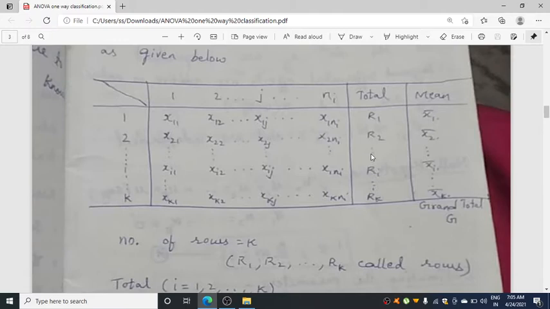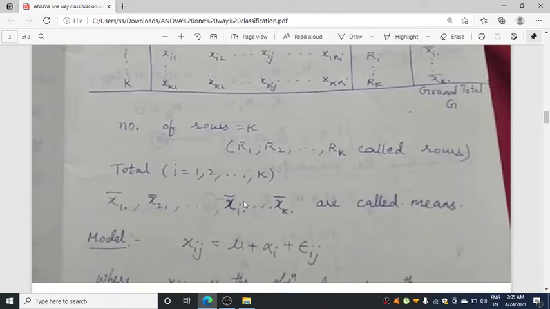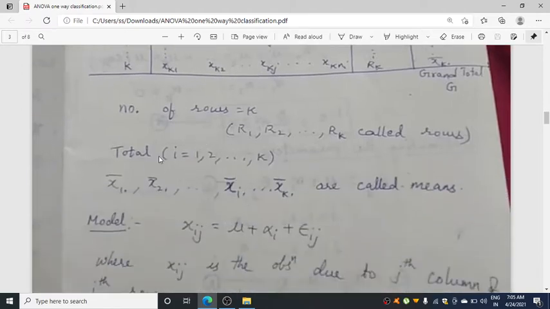Either the row total and mean, or else the column total and mean. Then number of rows is equal to k, you are defining whatever you wrote, x1 dot, x2 dot, which are nothing but called means.